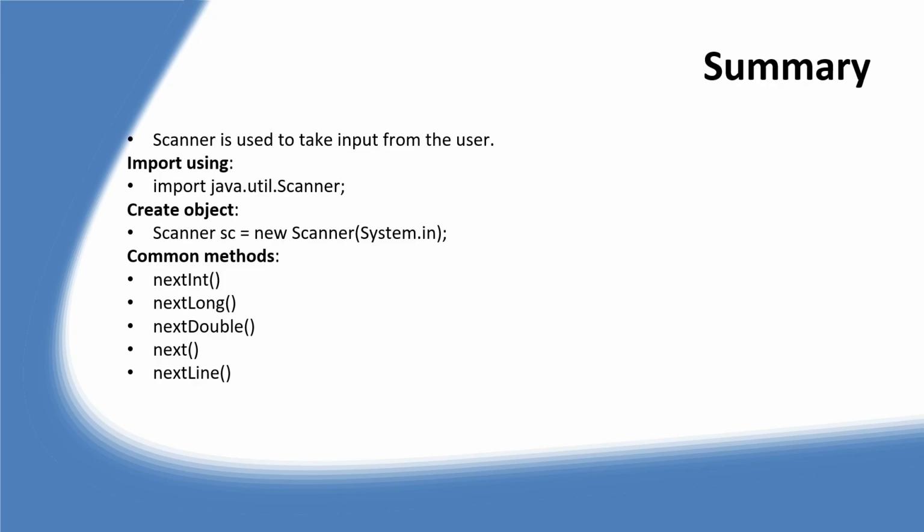Let's summarize what we learned so far. So we learned what the scanner class is, how to import scanner class, and how to create its object and take different types of user input. And also we have seen different common scanner methods.